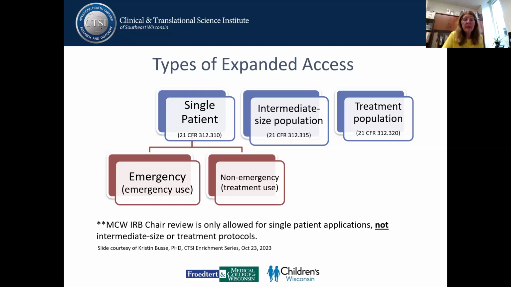And I have an asterisk down here because it's very important to remember, as far as time, and time is always sensitive. It's of the essence. When a physician finds out that there's a drug that might possibly save the patient's life or mitigate their disease quickly, the single patient application is the only way that the protocol can be deferred to the chair for review.